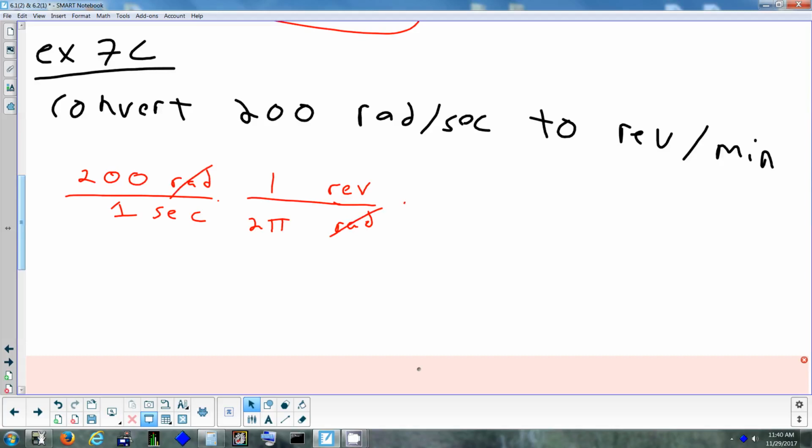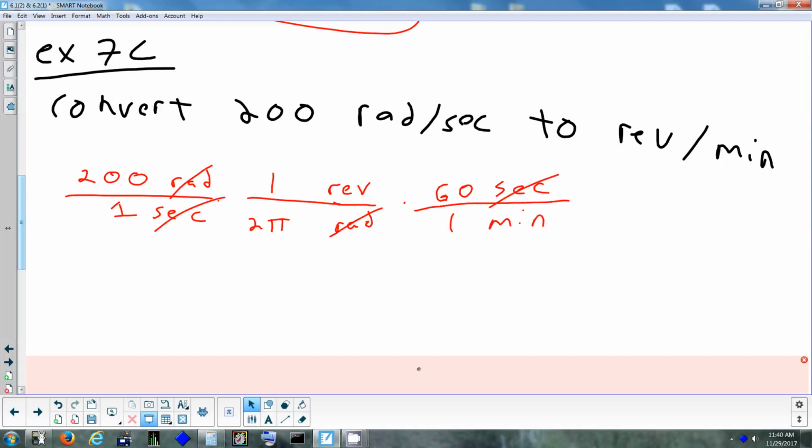Now you've got revolutions per second. And now how would we convert seconds to minutes? 60 seconds over 1 minute. Now, if you do this out, you'll have a speed in revolutions per minute. And a lot of times they write it as RPM. Okay.